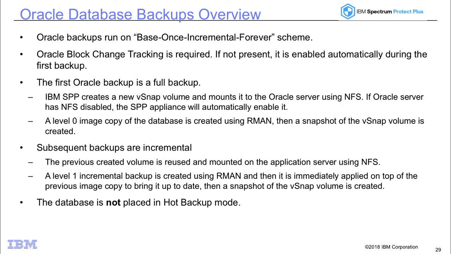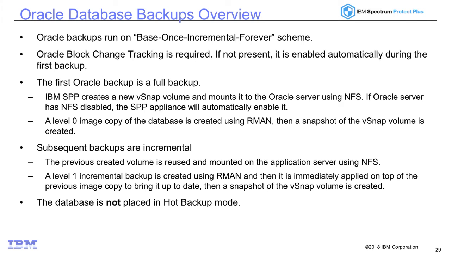The first Oracle backup will be a full, and Spectrum Protect Plus will create a new VSnap volume and mount it to the Oracle server using NFS. If the Oracle server has NFS disabled, the SPP appliance will automatically enable it. And then a level 0 image copy of the database will be created using RMAN.